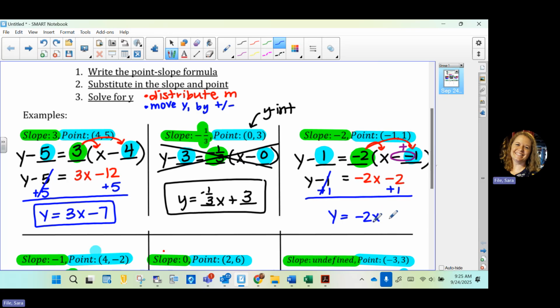So I end up with y equals negative 2x minus 1. Just going to add a note here. Since we knew that that was the y-intercept, I used y equals mx plus b, because that's the y-intercept.